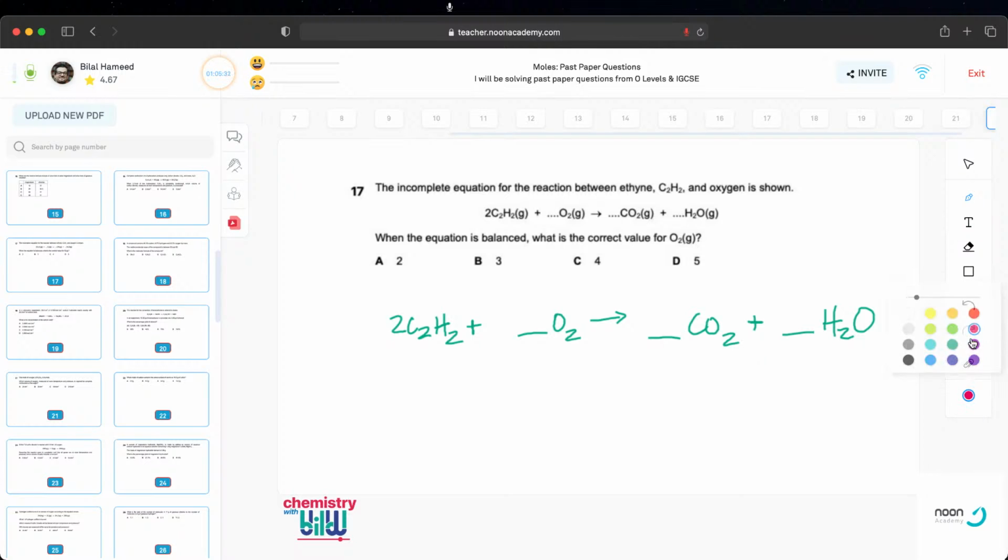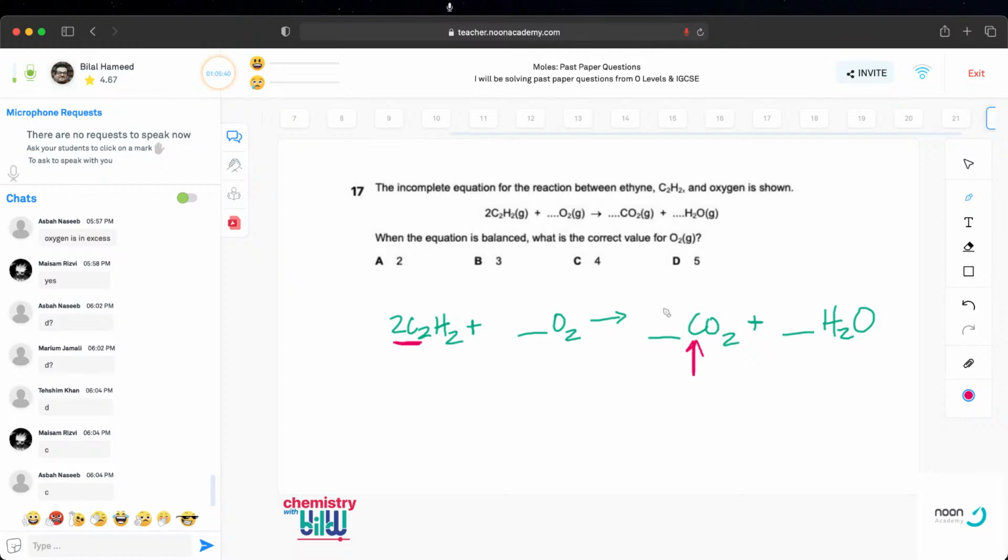Because carbon is only one place on the left hand side and only one place on the right hand side. Left hand side has 4 carbons. So the right hand side will have 4 carbons. Not 2, 4 carbons. Then hydrogen is 2 times 2, 4 also. So there are 4 carbon atoms here and 4 hydrogen atoms here. So I need to have waters on the right hand side.